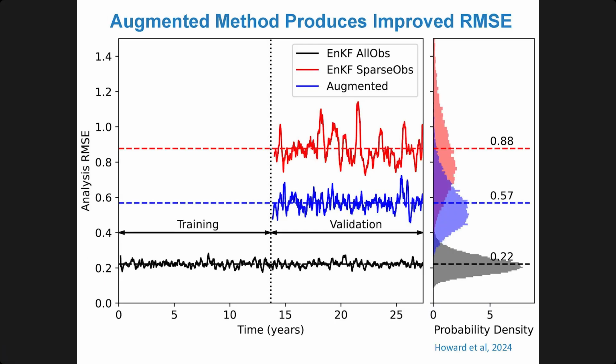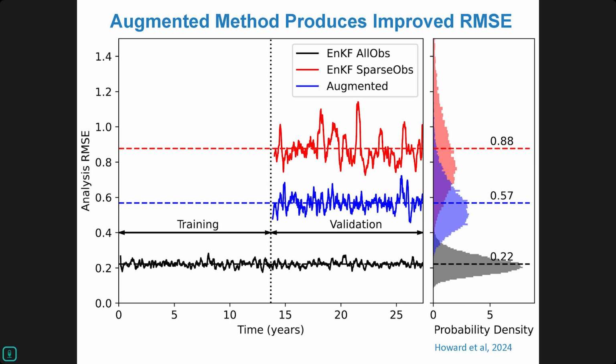And what we get from this, what's plotted here is the analysis root mean square error versus time. This is the training period where Luke trains the model, gets the CNN or the machine learning model to be optimized. And then we can do a validation where we are running the assimilation.